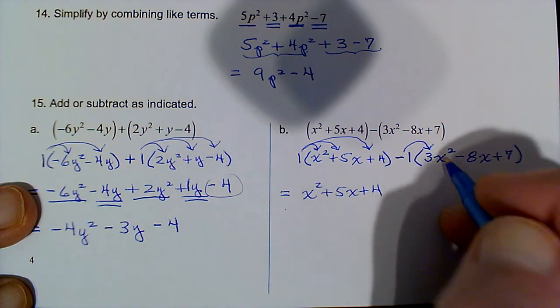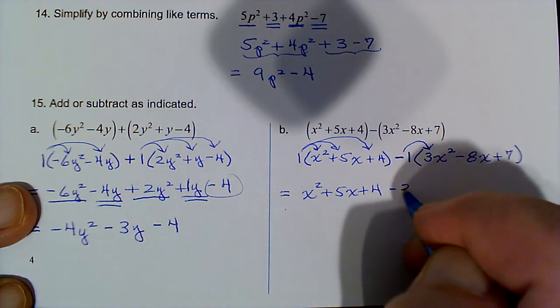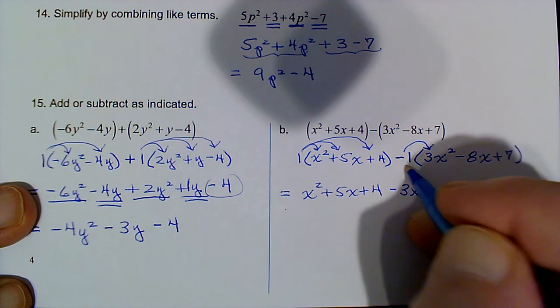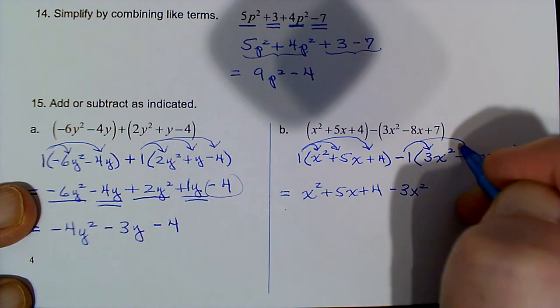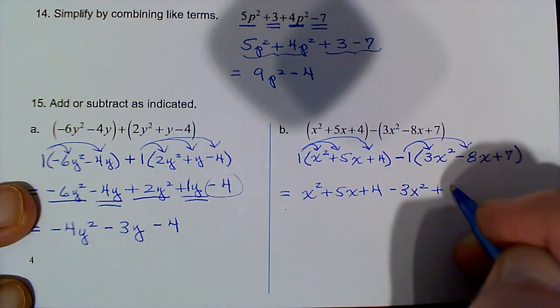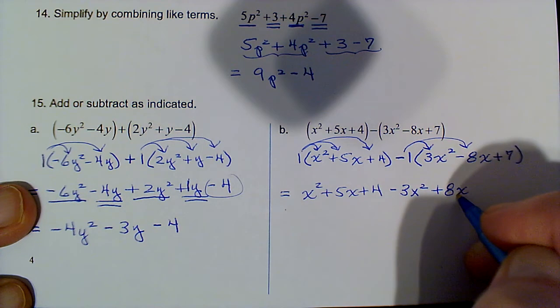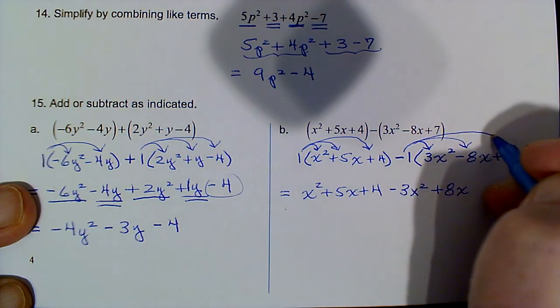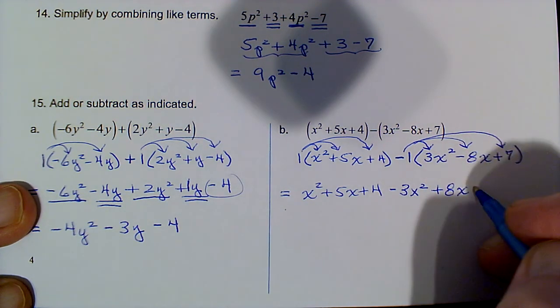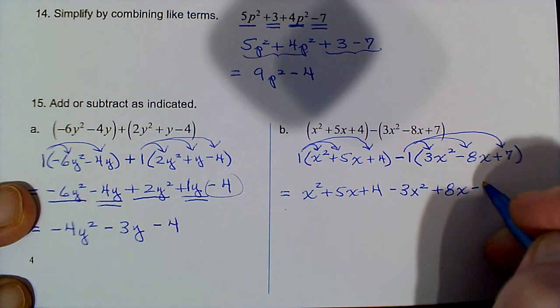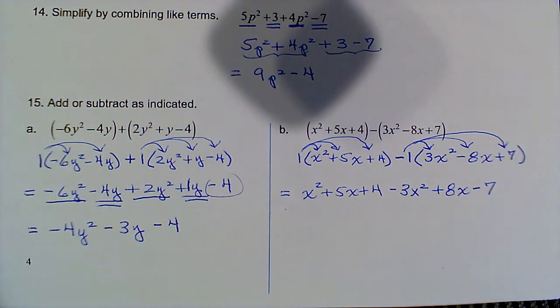So negative 1 times 3x squared is minus 3x squared. A minus 1 distributed to the minus 8x gives positive 8x. And the minus 1 distributed to the, excuse me, distributed to the positive 7 gives us negative 7.